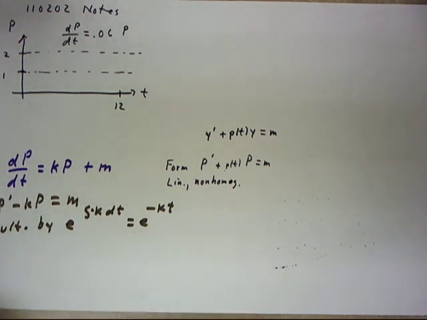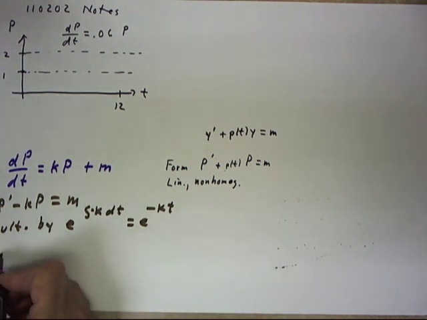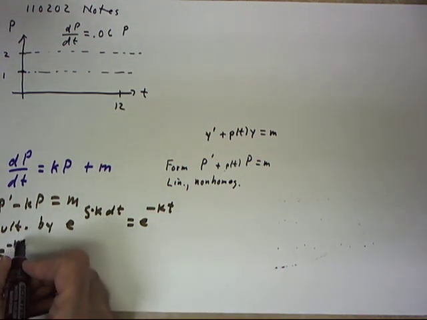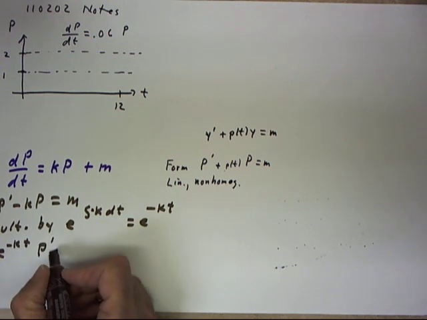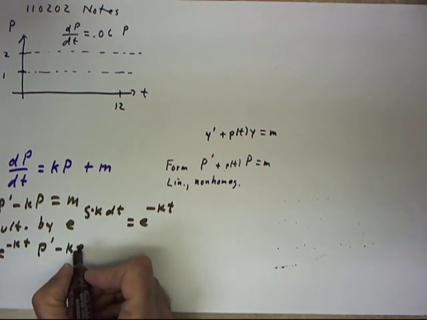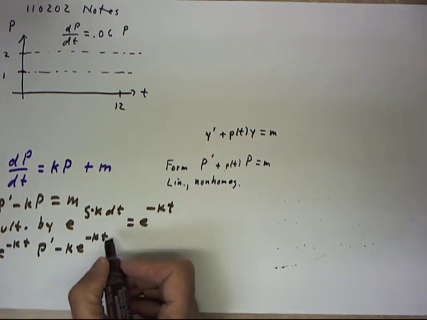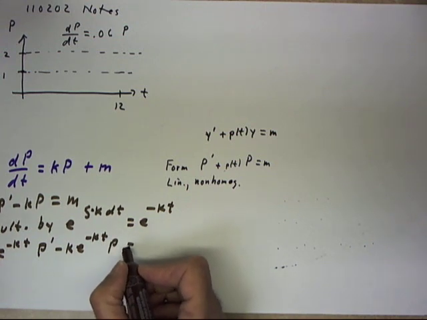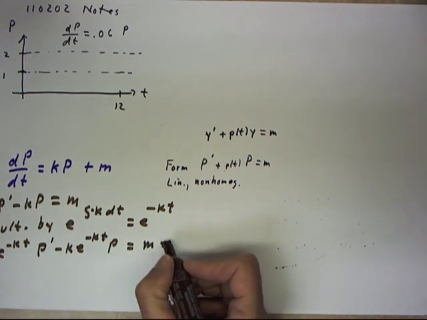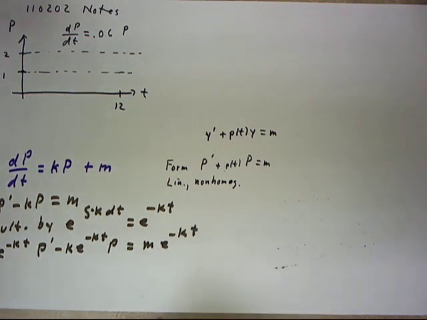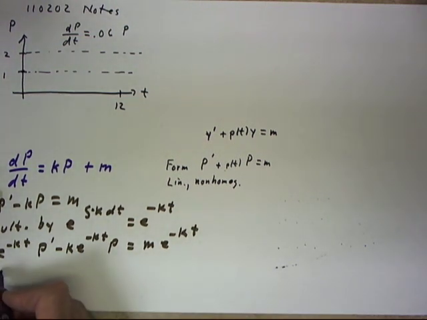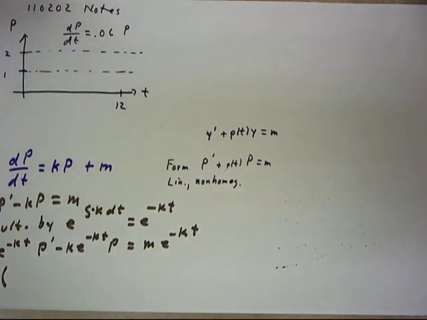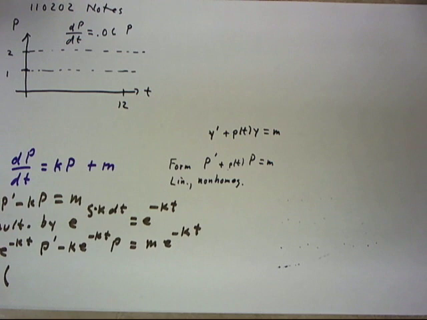Multiplying both sides by e to the negative kt, we get e^(-kt) P' - k e^(-kt) P = M e^(-kt). This side, we can do the derivatives and verify this, but I'm not going to go through that step this time.